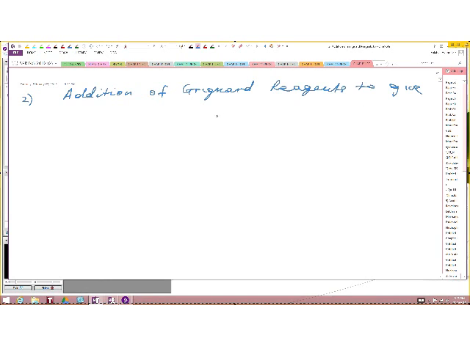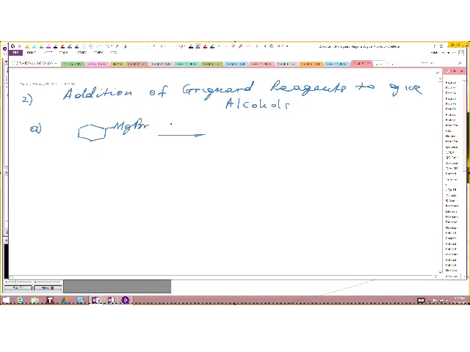Let us call it example A. For example, we could take this Grignard here, and we add formaldehyde, step 1, and step 2, hydronium ion.